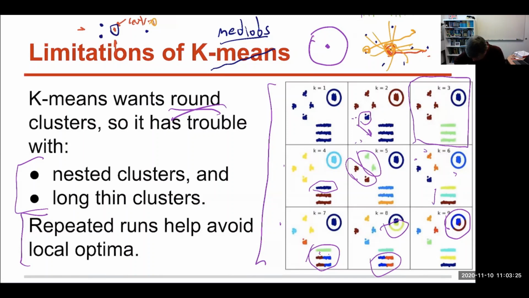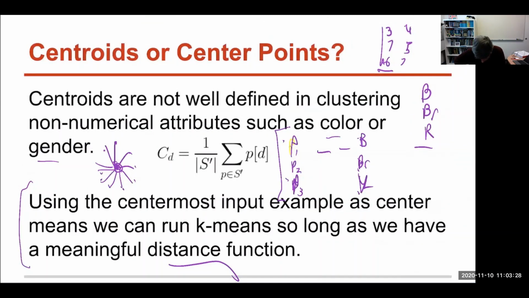So long as you have a distance function that is well defined on points with categorical data in it, then you can find the most central point and use that as its representative. So my claim is the problem of doing k-means on points where you've got categorical data reduces to developing a distance function that can tell the difference between categorical data.